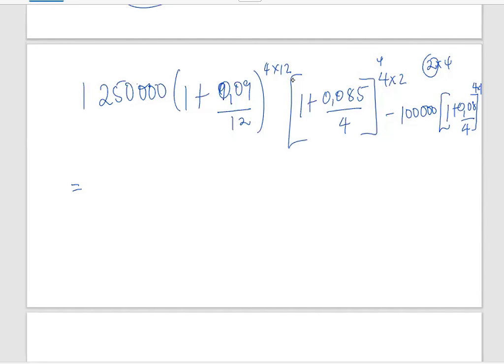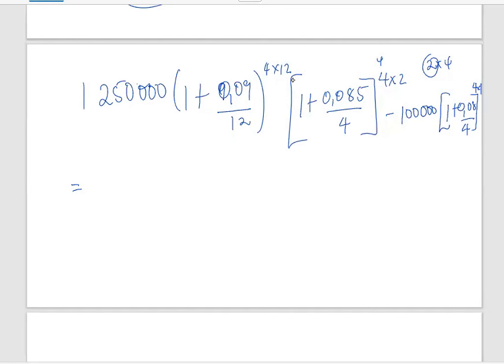Alternatively, people can choose to do it step by step. So 9% over 12, to the exponent of 12 times 4, which is 48, into 1 plus 8.5% over 4, to the exponent of 4, and that is 8.